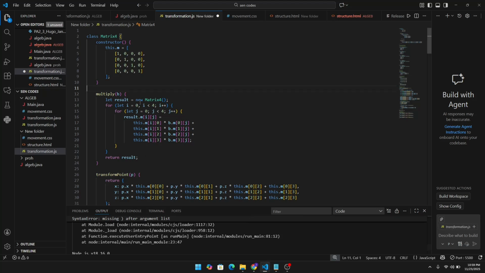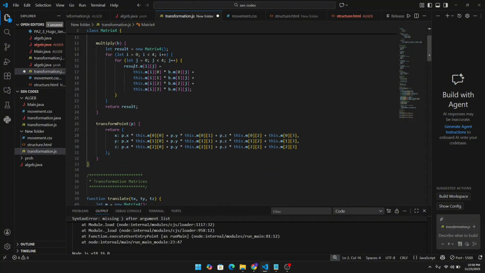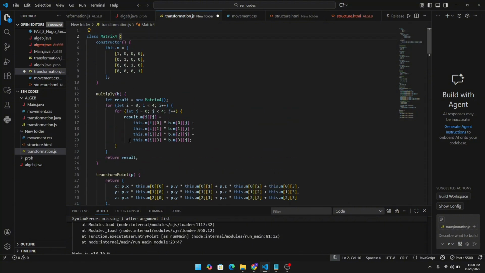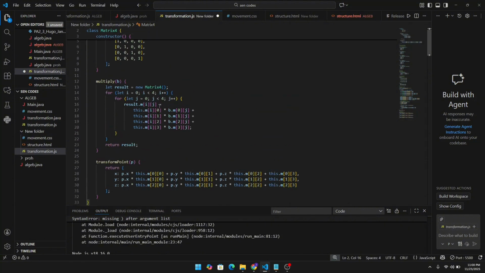Matrix class. This part stores a 4x4 matrix and allows matrix multiplication. This whole section is the core.